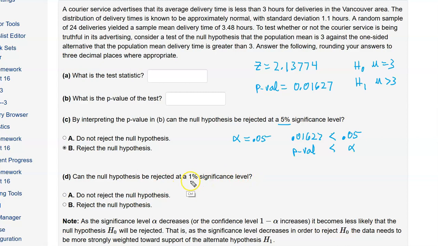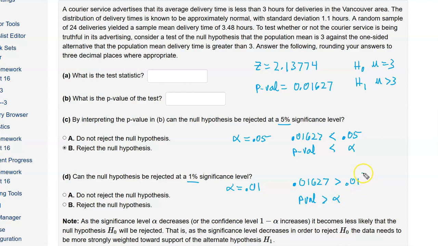Now, at the 0.01 significance level, what do we do? Well, in that case, our alpha is 0.01. You notice in this case our p-value is not less than alpha. Our p-value is 0.01627, of course, and that is actually bigger than 0.01. So our p-value is greater than alpha.